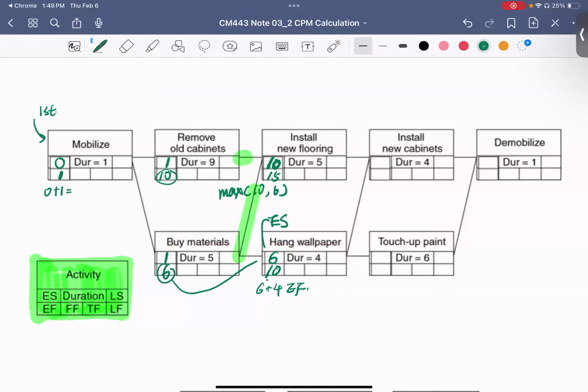Okay, next, Grace. Can you tell me what is the number for here? Can you see the rectangle? 15. Why? Because the early finish of installing the new flooring is 15.